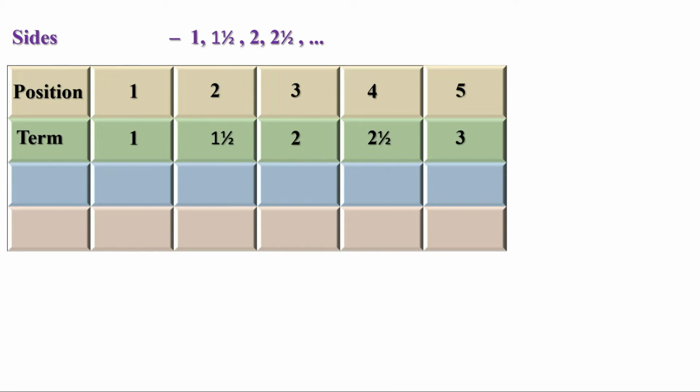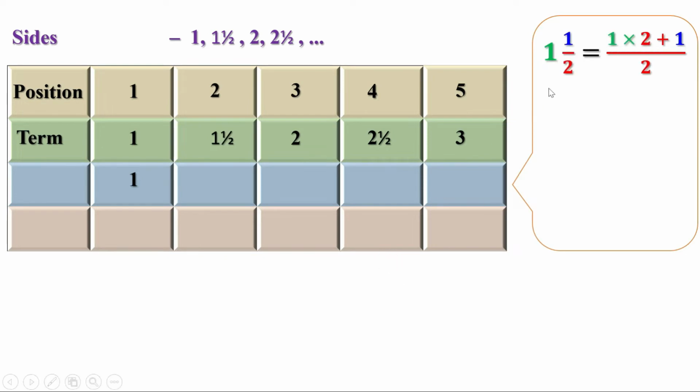Let us convert that into an improper fraction. How can we convert it? Multiply the denominator by 1 and add the numerator, and it should be divided by the denominator. So we will get 3 by 2. So 1.5 can be written as 3 by 2.